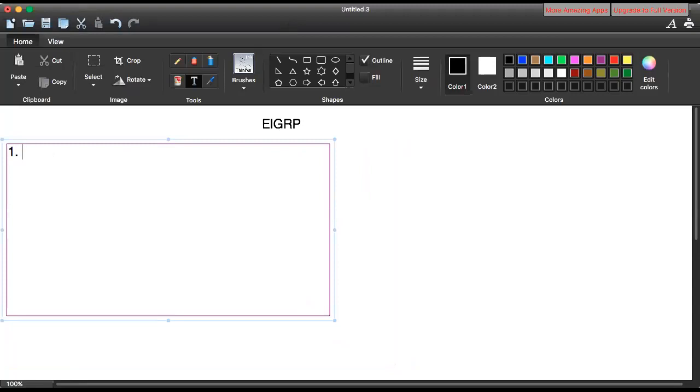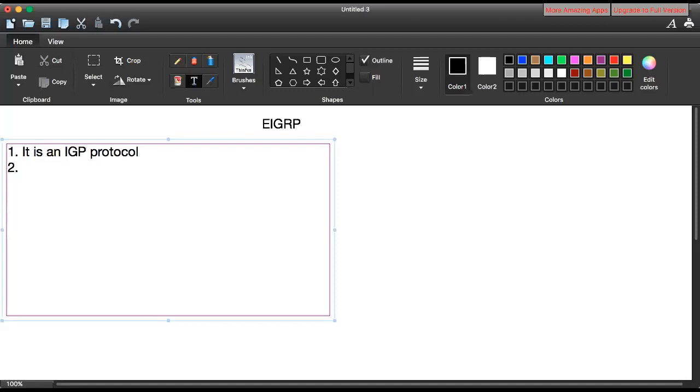I would say, first of all, it is an IGP protocol. That means EIGRP works under the IGP, right?